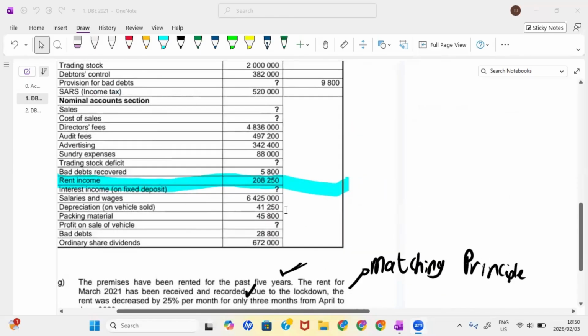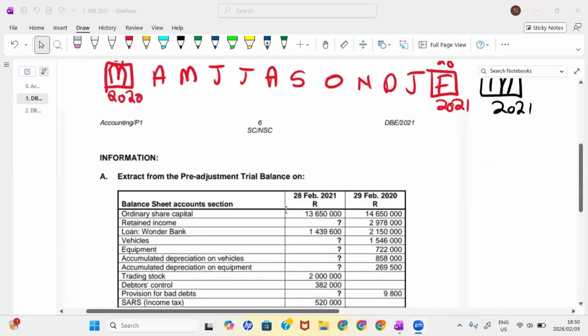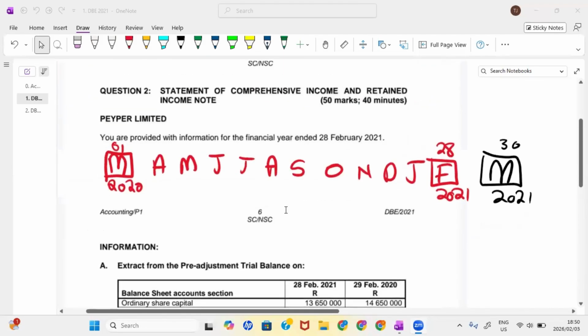So my question here for you guys is, how many months did we receive our rent in this scenario? Just write your answers in the chat. How many months have we received? I see 11 months.